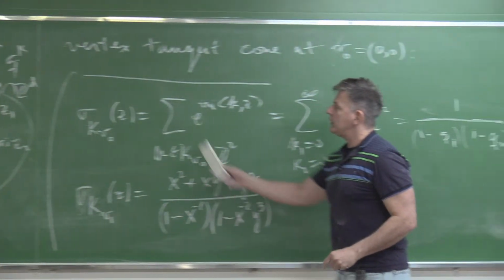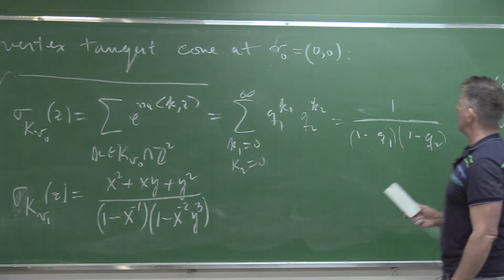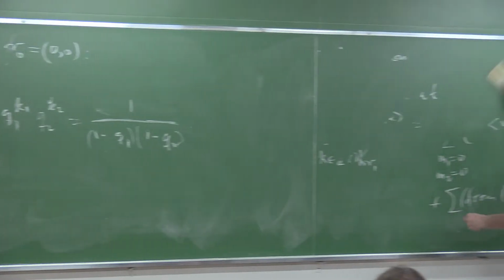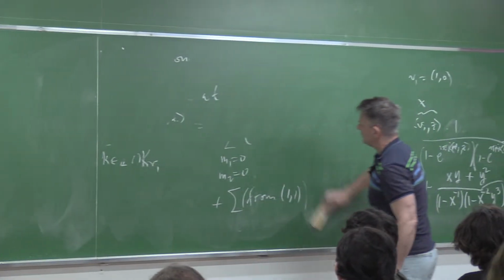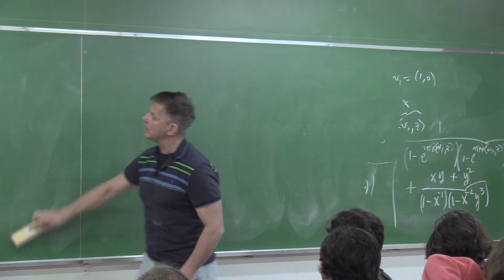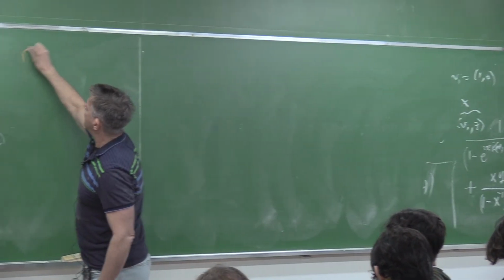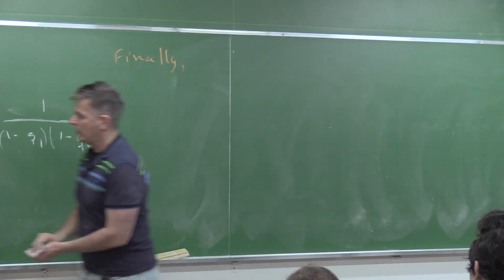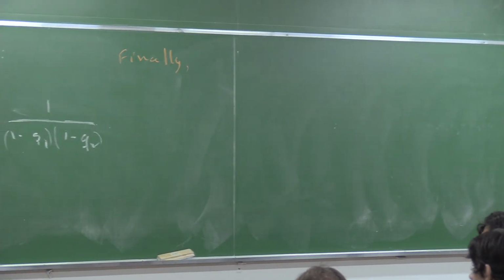So let's now analyze. Let's add the 3 vertex tangent cone contributions. So if we add them, what do we get? So finally, we'll add the 3 vertex cone contributions.